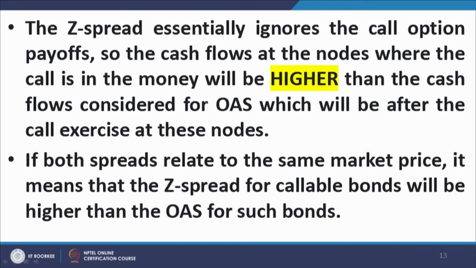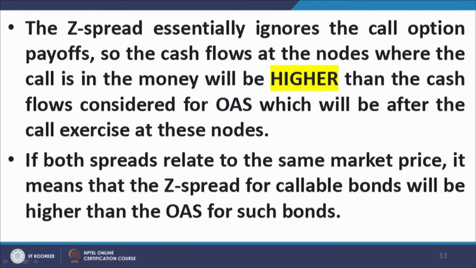So, let me read it out again. The Z spread essentially ignores the call option payoffs. So, the cash flows at the nodes where the call is in the money will be higher, because the Z spread is not considering the payoffs at these nodes where the option is in the money. Option adjusted spread considers the payoffs, and because it considers the payoffs, the payoffs would either be the same as in the case of Z spread if the option is out of the money at that node, or, if the call option is in the money at a given node, the payoffs corresponding to the option adjusted spread would be lower.